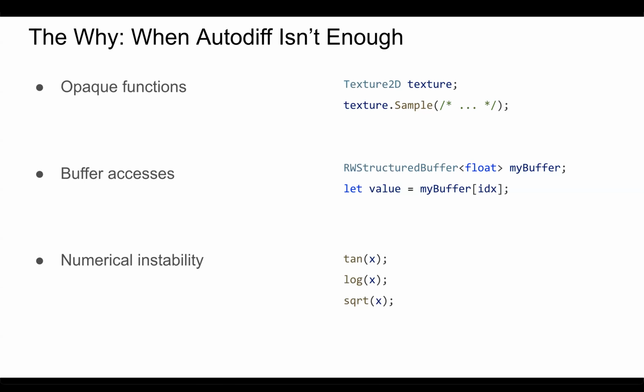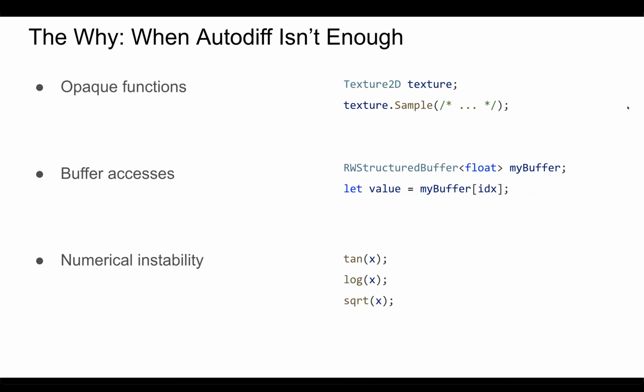But the compiler can only do this when there is a clear set of rules for every operation, and there's a handful of situations where that's not the case. The first main category is opaque functions, which you can think of as places that the Slang compiler can't see into. A common example here is hardware accelerated texture sampling. Slang doesn't know what the operations inside the function are, so it can't generate a derivative, and you would need to provide a custom derivative to do what you want instead.